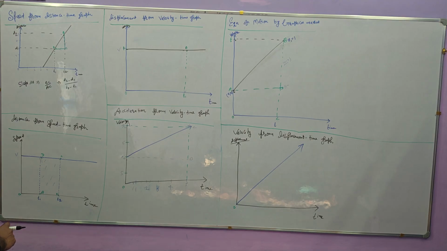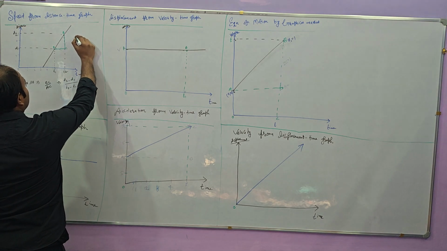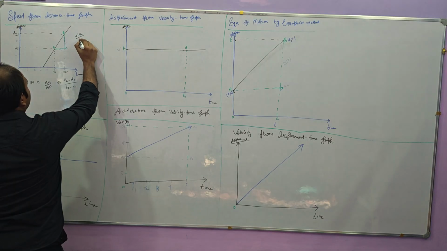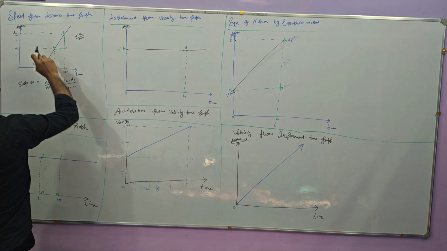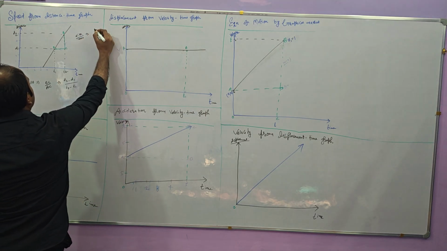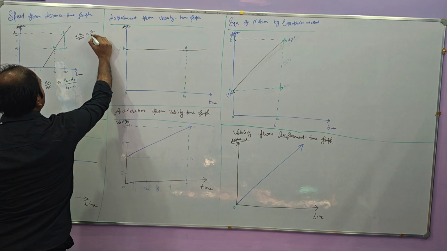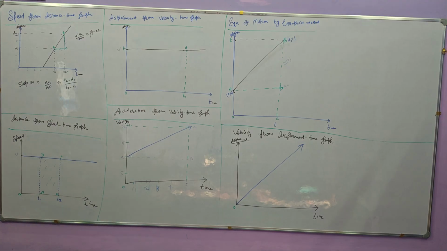And when we look here at the rise and run, we have 2 units and we have 1 unit, that is 2. Our slope is 2. So speed is 2 meter per second.